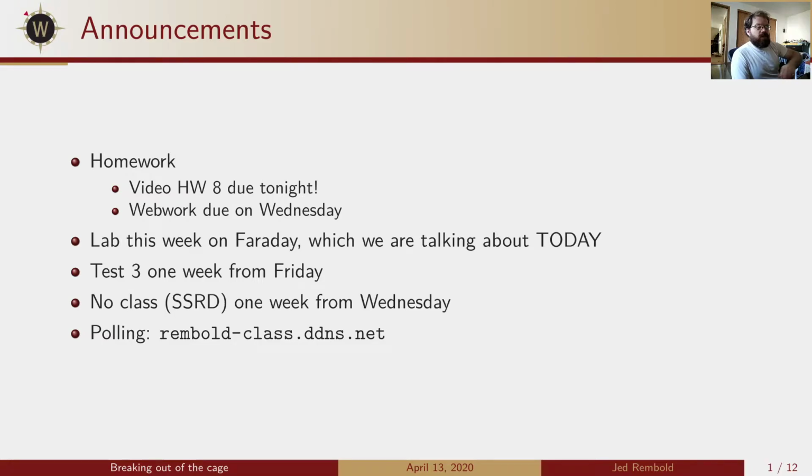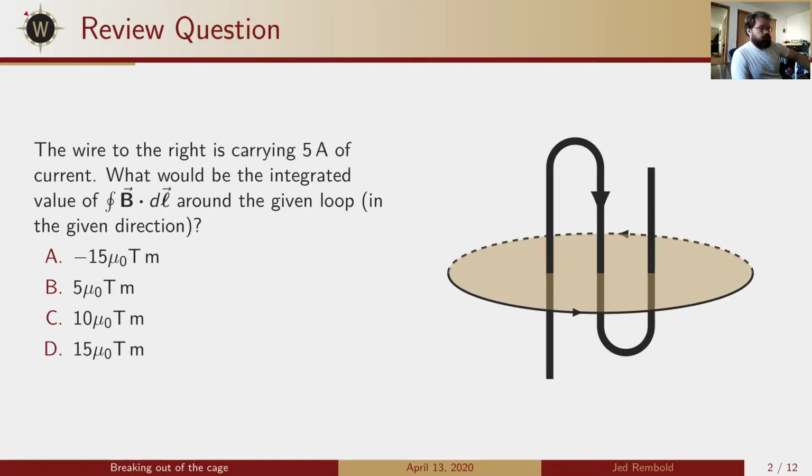So I thought I would pose to you the situation where we have a wire to the right, the really thick black line that's doing this wavy thing. It's carrying a 5 amp current, and that current is traveling in the direction given by the arrow, so it's up and then down and up.